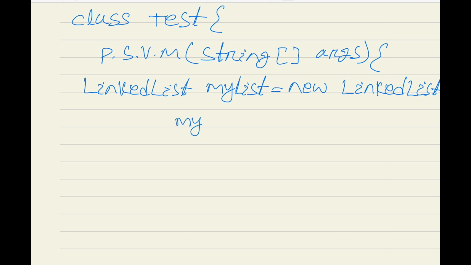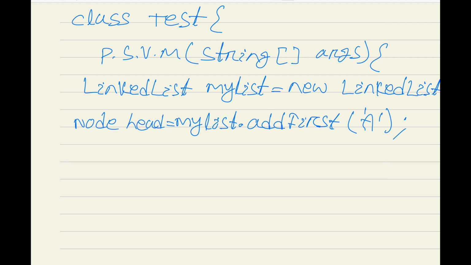Then we can call the add first method. So we can call mylist.addFirst and pass a. So a is a character, because this addFirst method is going to take one character only, so we can write in a single quote 'a'. Now addFirst method is going to return the head, so we can write Node head equal to mylist.addFirst('a'). Similarly we can write the same thing, Node head, that means the same head is updated.